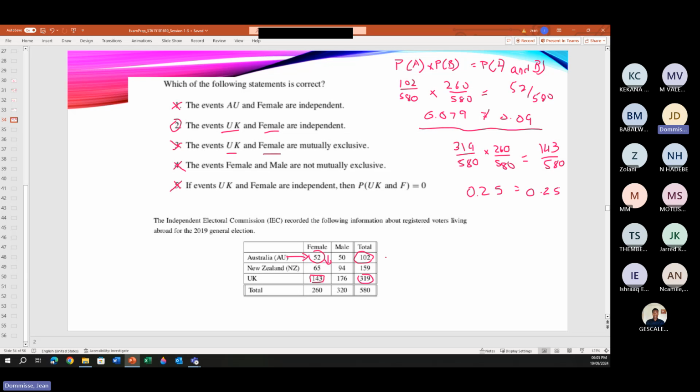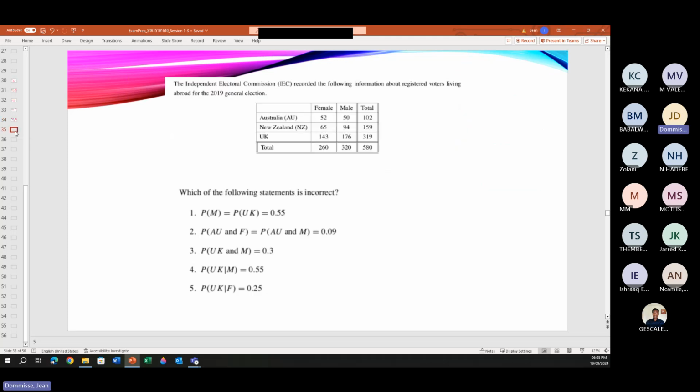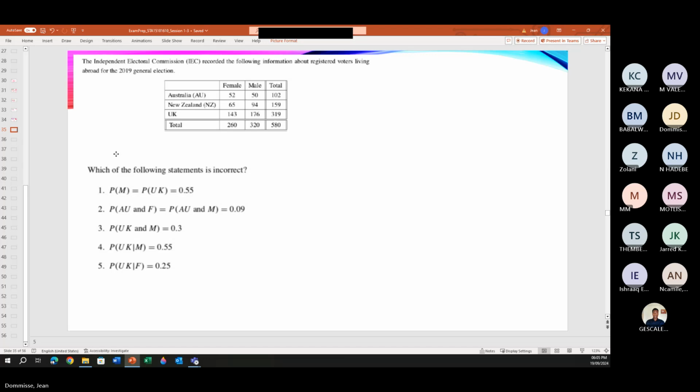So you will get something like this in the exam. So it is important, again, that we look at it. Okay, so again, same data set, a different question.